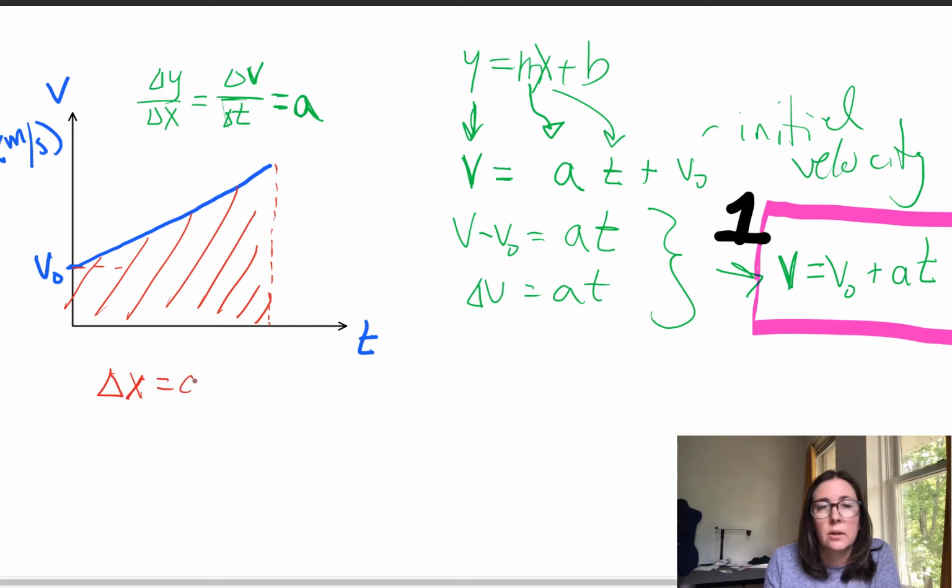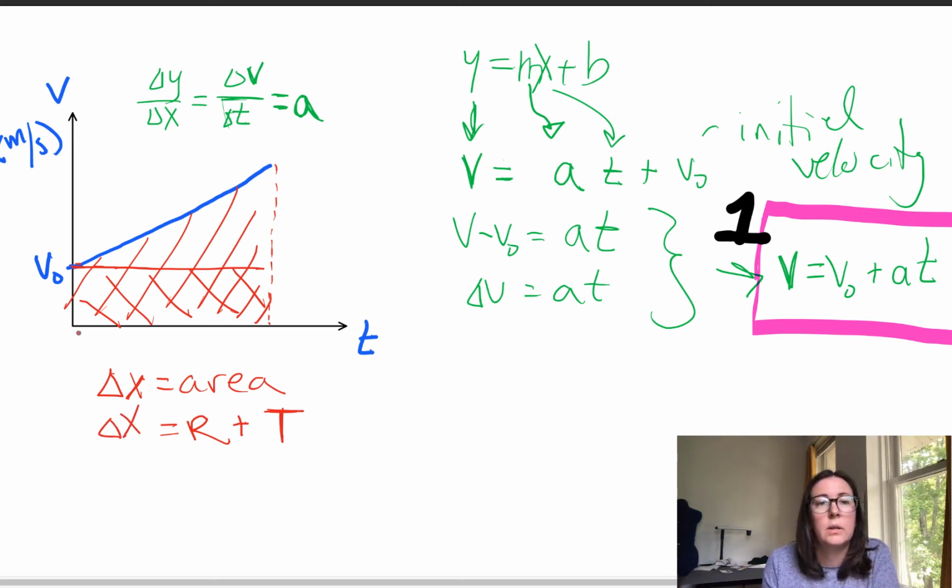Now this area is made up of 2 parts: a rectangle, which I'm going to call R, and a triangle that I'm going to call T. We'll take the area of the rectangle and add that to the area of the triangle, and that will get us our change in position. The rectangle area is pretty easy. It's the base times the height, so this is just v naught as our height times time. That gives us our area of the rectangle.